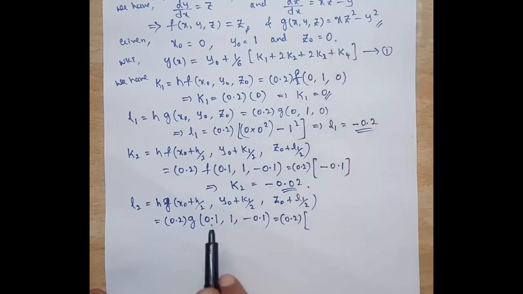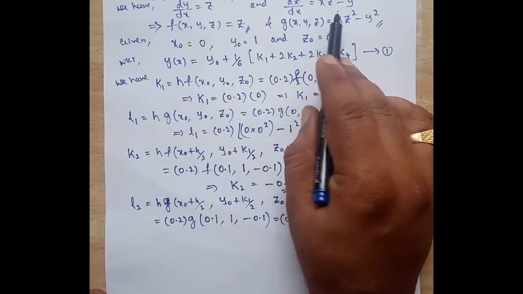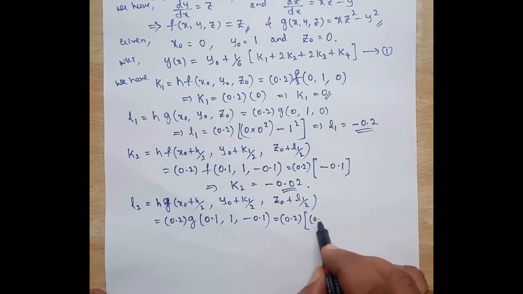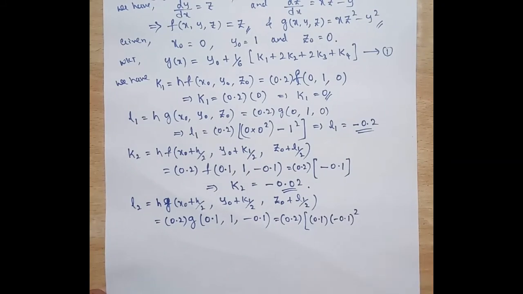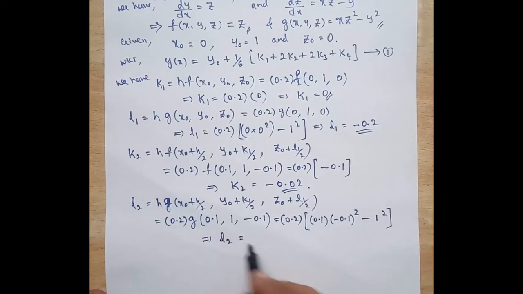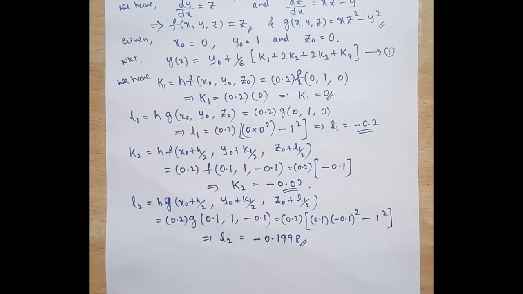In this let us substitute x as 0.1, y as 1 and z as minus 0.1. Now x means 0.1, z square means minus 0.1 whole square, minus y square. Y means 1, no? So it is minus 1 square. Simplify this, we get the value of L2. So L2 for this problem is, use your calculator and simplify, it is minus 0.1998. So this is the value of L2 we are going to get.